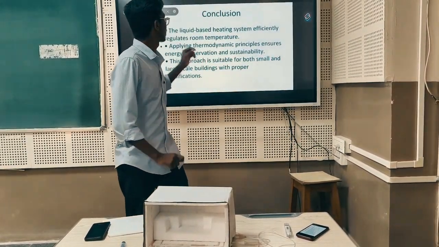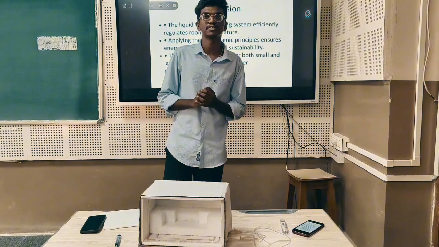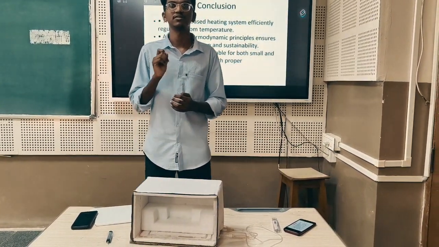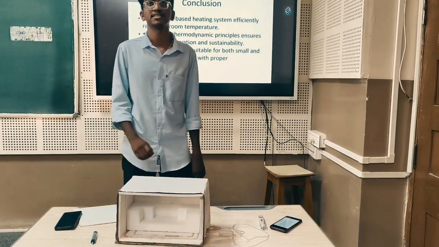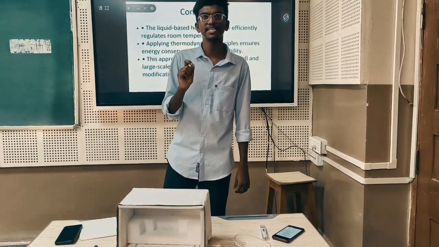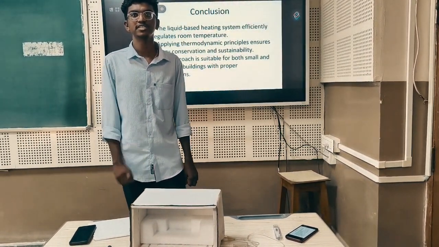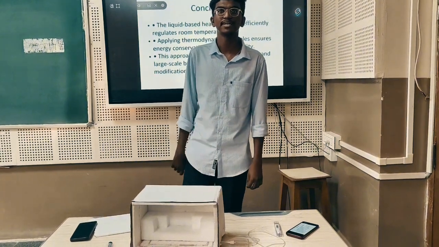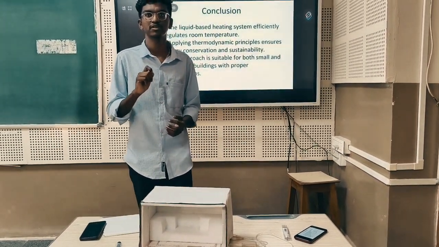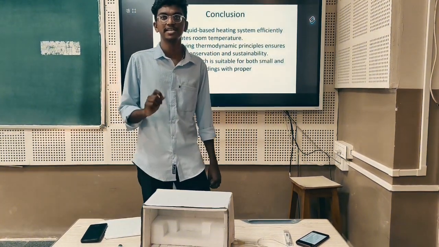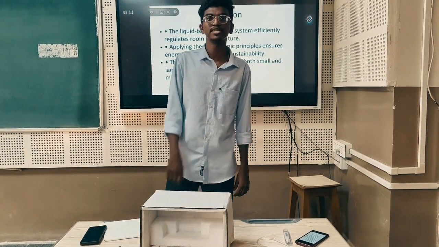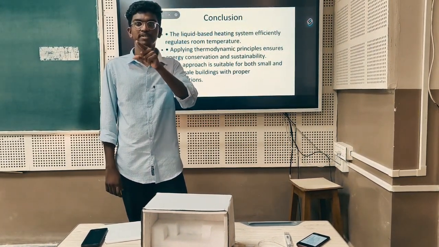Now the calculation for the eco-friendly heating system using Newton's cooling law. The equation is Q equals h A delta T, where Q is the heat transfer rate, h is the heat transfer coefficient, A is the surface area, and delta T is the difference between the liquid temperature and room temperature.